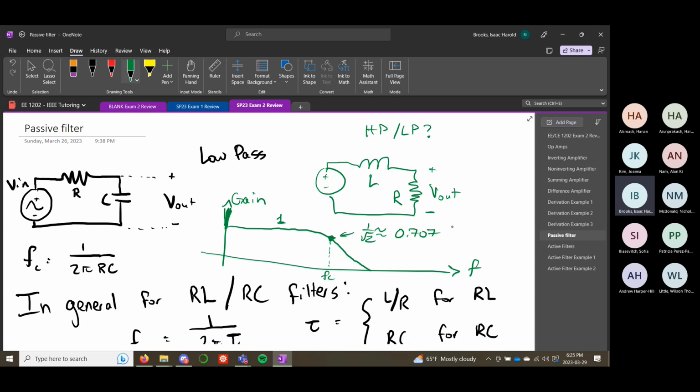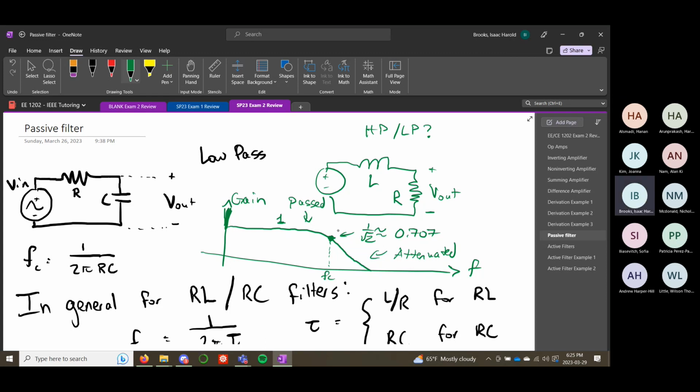So if we look at the power of the signals, 1 over square root of 2, when you're doing power, that gets squared, so it becomes 1 over 2. And that's why it's called the half power point. When we're squaring the signals, the 1 over square root of 2 becomes a 1/2, and the power of the signals is half at the cutoff frequency. So we basically say anything to the right of that is attenuated. Anything to the left is passed.